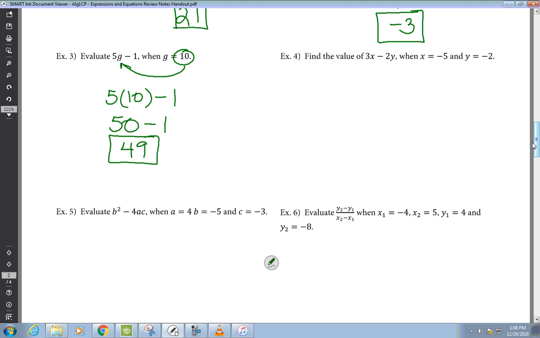If there's 2 variables in the problem, okay, that's nice. Take each number, plug it in for the variable that it goes with. So that's 3 times negative 5 minus 2 times negative 2.